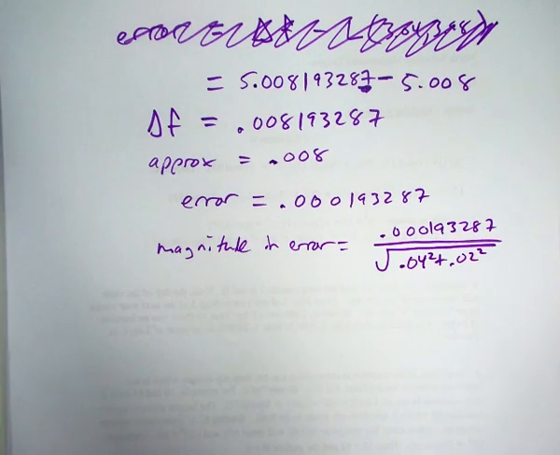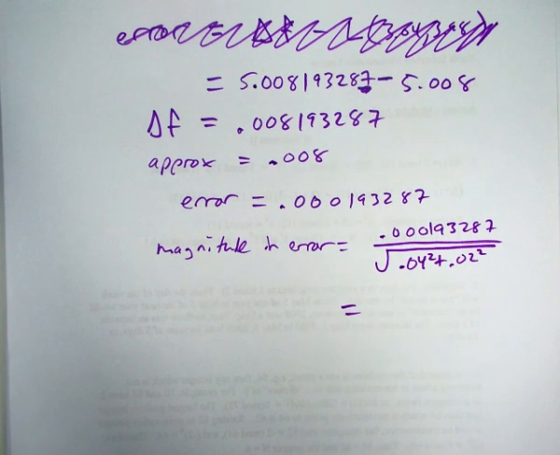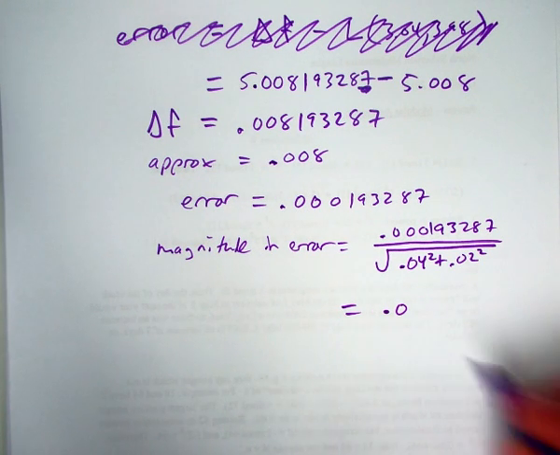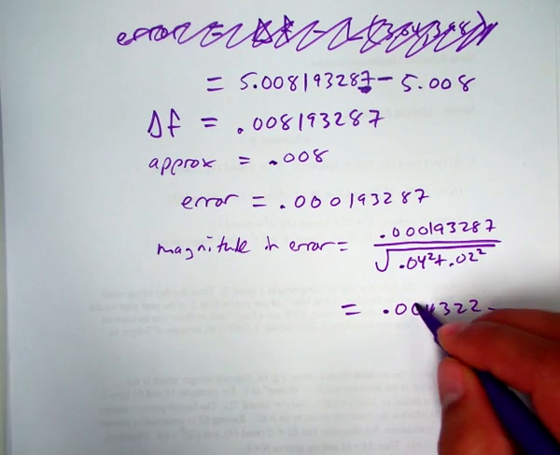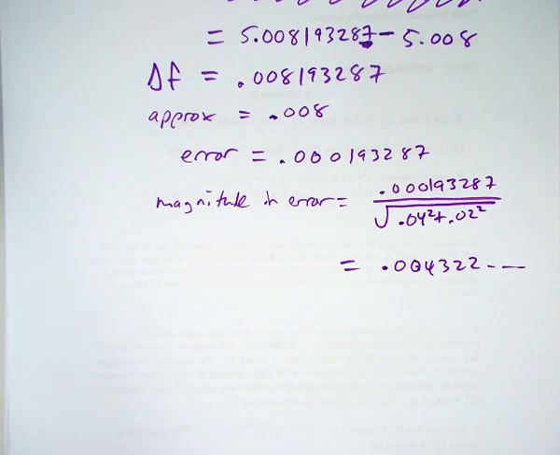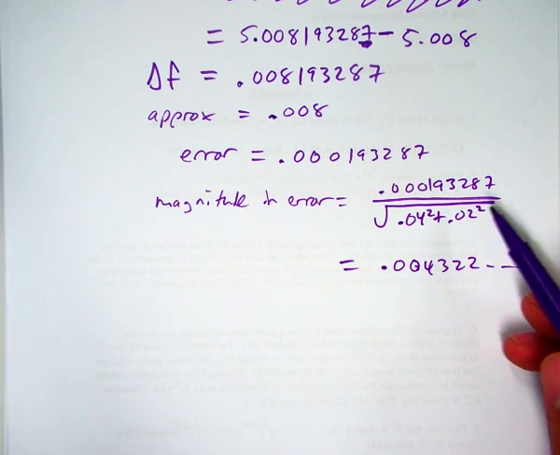So then we get something like 0.004322, okay, good enough. So about 0.43%. Is that what everybody else is getting? Okay.